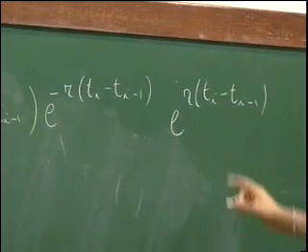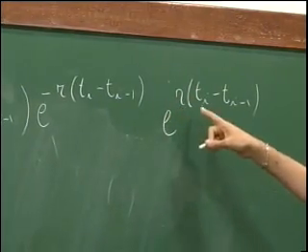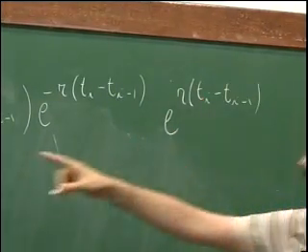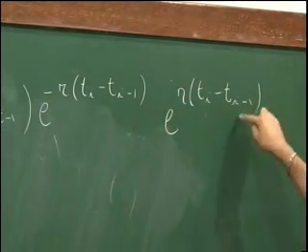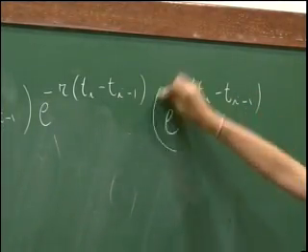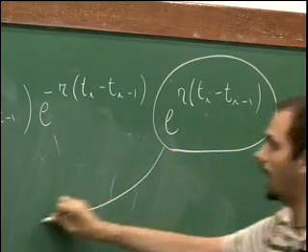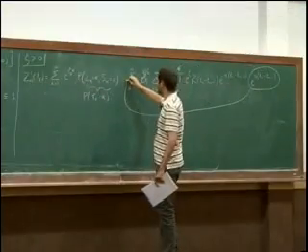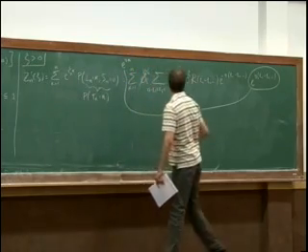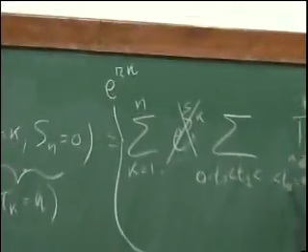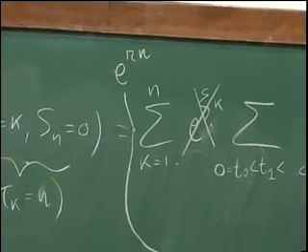Now, what is nice is that, since we have a product from 1 to n, this is a telescopic sum, all this term comes right out of the formula and gives E^R n, because tau 1 minus tau 0 plus tau 2 minus tau 1 gives tau k, which is n.